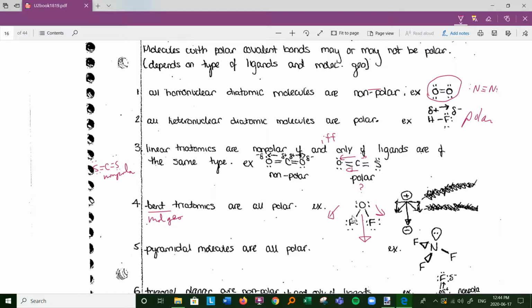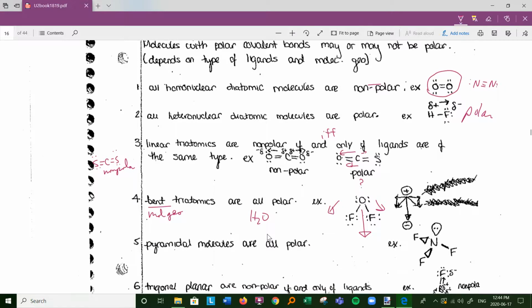So oxygen difluoride is polar. Water is polar. Ozone is polar. So anything that has a bent molecular geometry is a polar molecule.